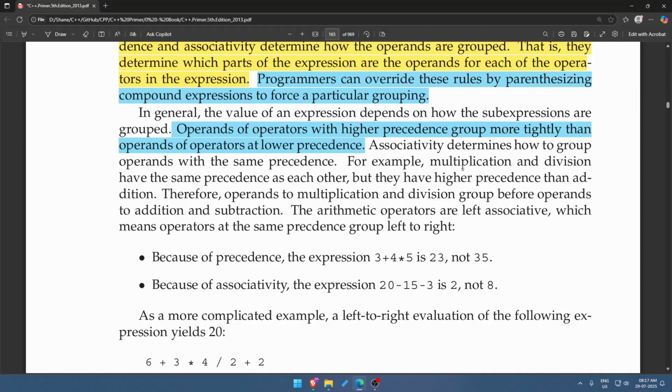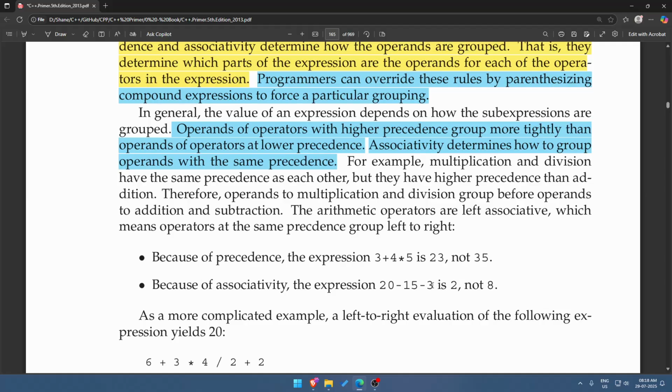For example, multiplication and division have the same precedence as each other, but they have a higher precedence than addition. Therefore, operands to multiplication and division group before operands to addition and subtraction. The arithmetic operators are left associative, so operators of the same precedence group left to right. Because of precedence, this is 23.